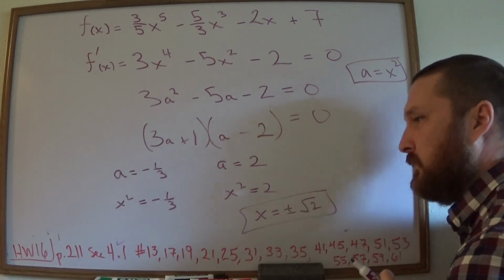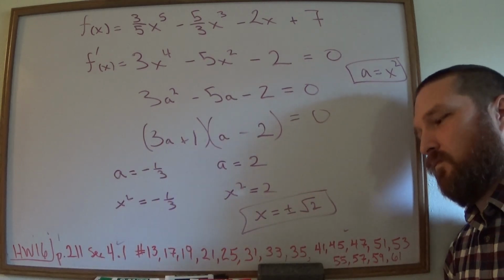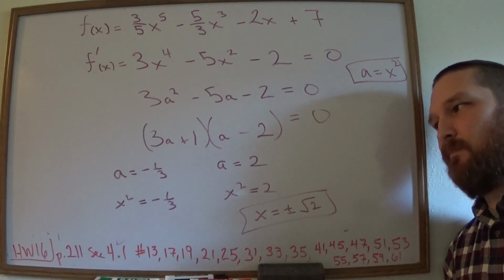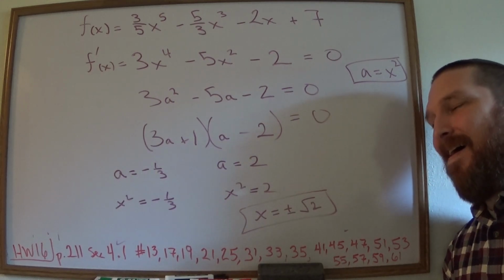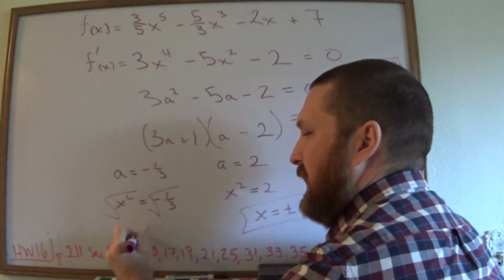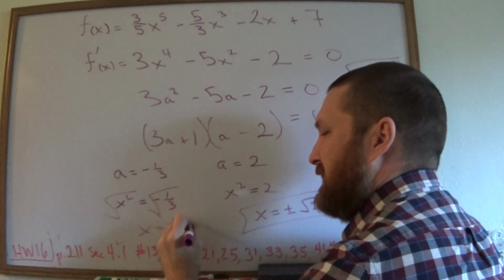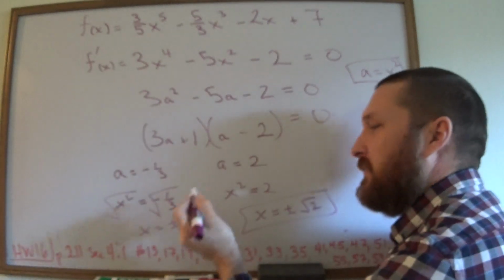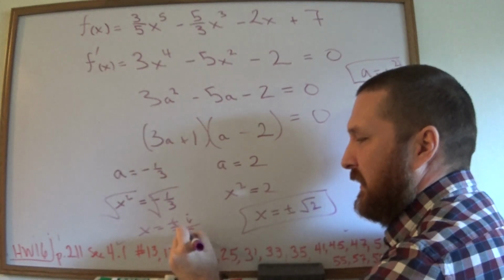For the other, it would give you an imaginary number because we take the square root of it, and you get x equals plus or minus i times 1 over root 3, so we could write it like that.